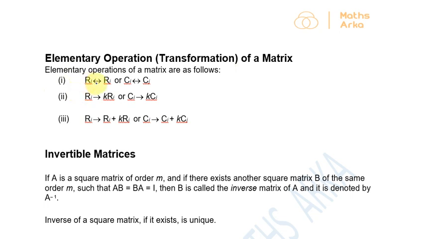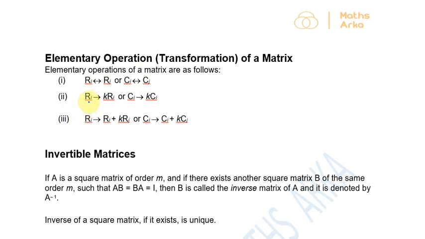Interchange, this is the sign of interchange, Ri and Rj. So you can interchange any row with another row, there is no problem, the matrix won't change. And similarly you can interchange any of the columns. So interchanging of rows or columns is permissible. It won't have any impact on the matrix.